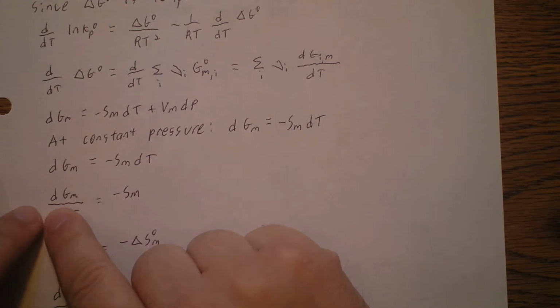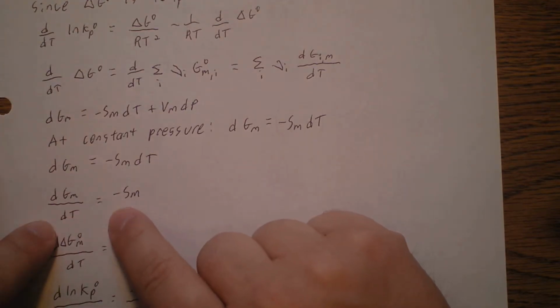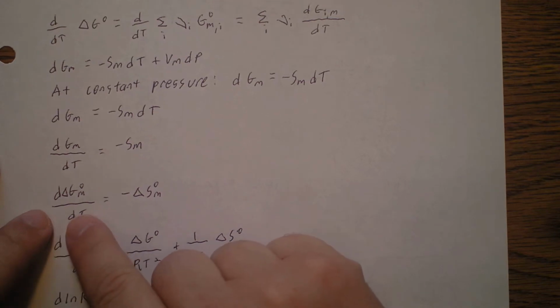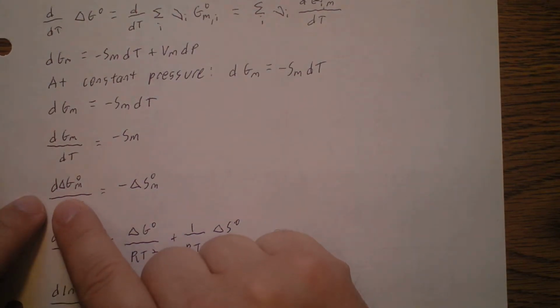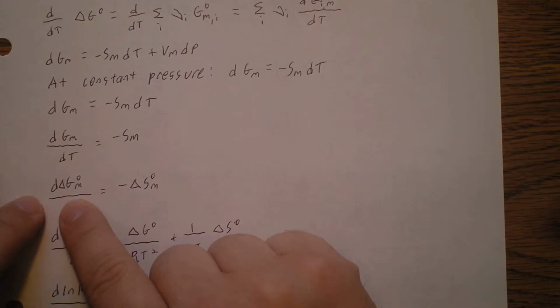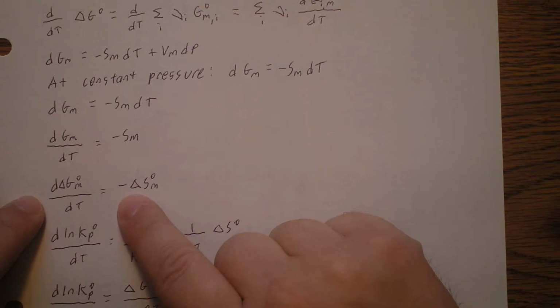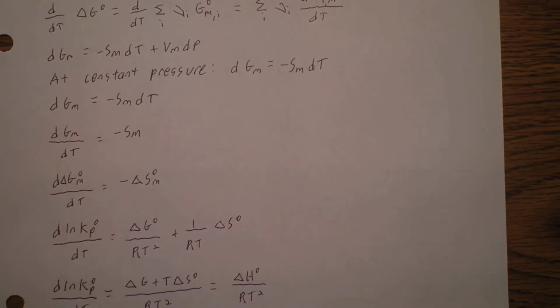We have the differential of molar Gibbs energy divided by the differential of temperature is equal to minus the molar entropy. So if we have a finite change, we'll say that the derivative of the change in the Gibbs energy in the standard state with respect to temperature is equal to minus the change in entropy in the standard state.